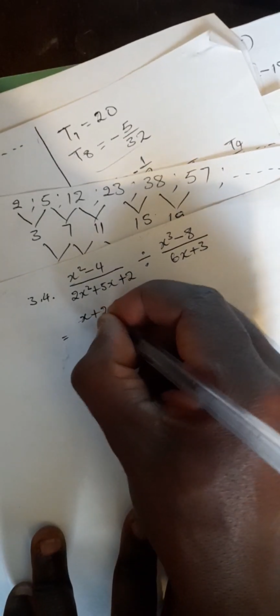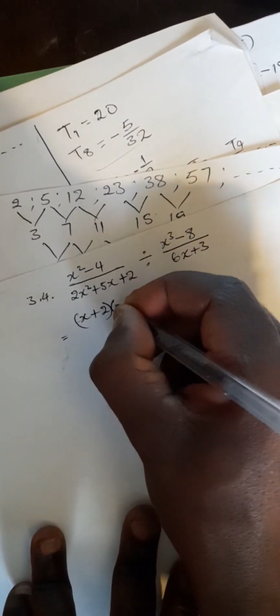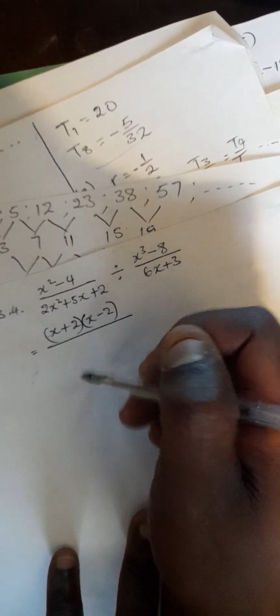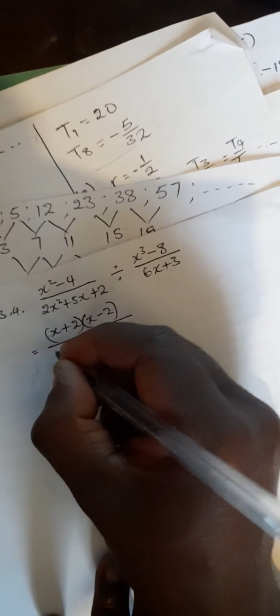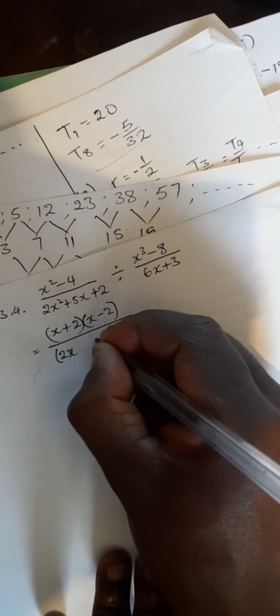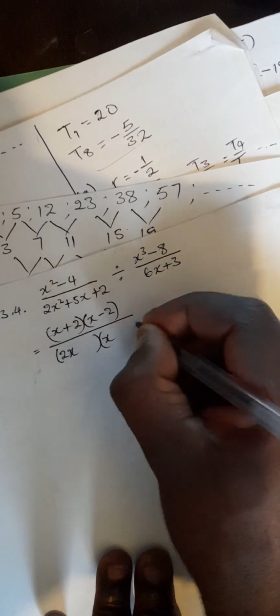Okay, so in the numerator here we have difference of two squares, so this can be written as x plus 2, x minus 2. Right, in the denominator here we can write this as, okay, what are the factors here?